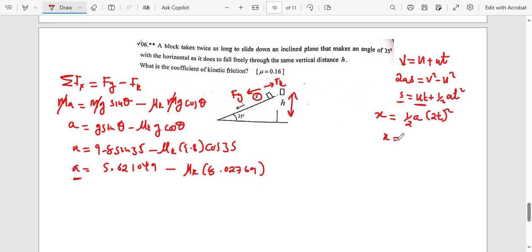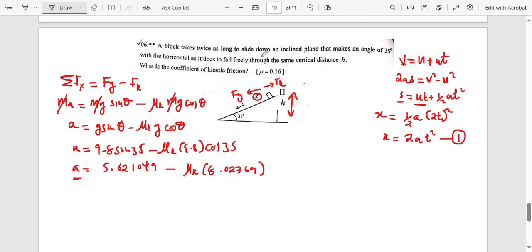Therefore, x is going to be equal to half the acceleration, 2 squared, that will be 4, 4 times this half, it's a 2. So simply say x is equal to 2a t squared. This is the first equation. Is this okay? I hope I have not confused anyone. And then we'll come to the height.